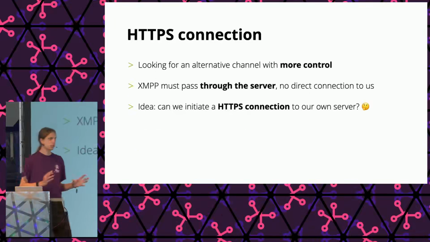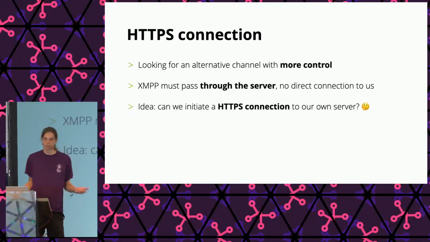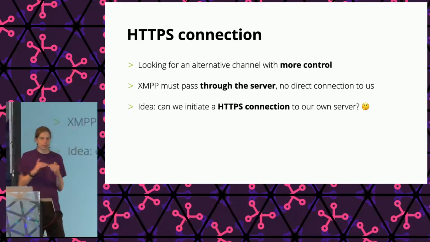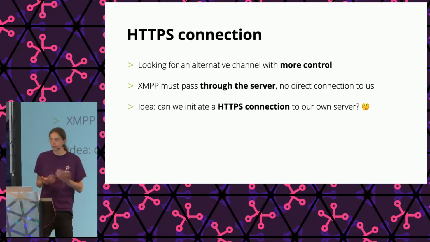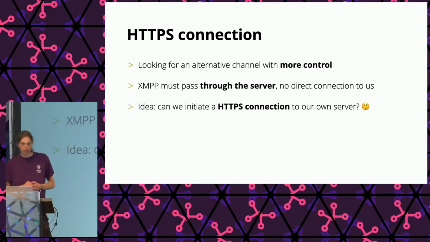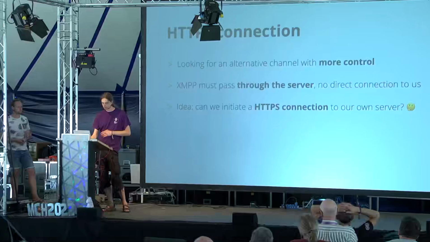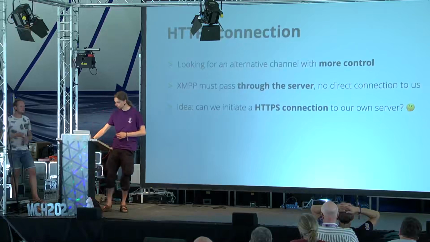Instead, we started looking for a way to make an HTTPS request directly to us instead of a Zoom server. This would be a channel where the connection is direct instead of through the server, giving us much more control and making it easier to send some weird data through it. And eventually we found some weird way to do that.